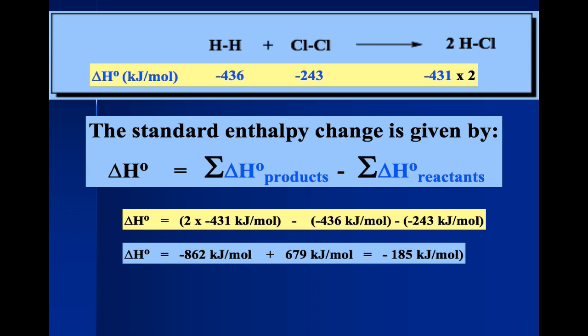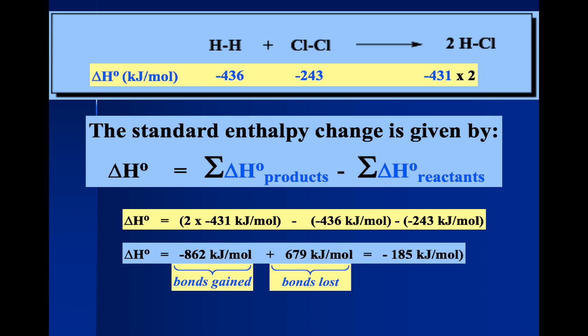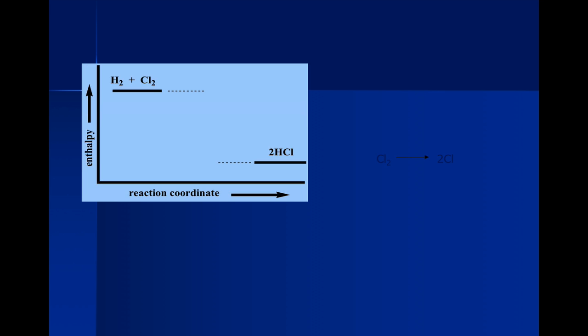So it's a fairly exothermic reaction, and that accounts for the small explosion that would happen in the tube that I just described to you. Okay, and so remember, it's bonds gained and bonds lost, and overall, if that number is negative, you get an exothermic reaction. So that explains why it's always products minus reactants, because in the products you're gaining bonds, and in the reactants you're breaking bonds, and so that's why you set that equation up the way that you do.